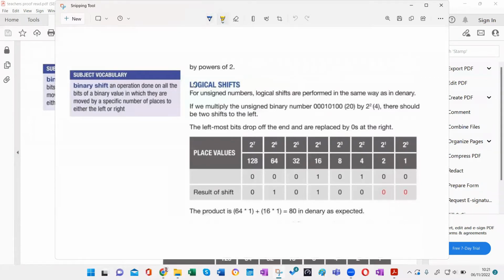Logical shift. For unsigned numbers, logical shifts are performed in the same way as binary. For unsigned numbers, that's the point. So logical shifts are carried out on unsigned numbers. Now the question is, what are unsigned numbers? Unsigned numbers, you remember sign and magnitude, right?